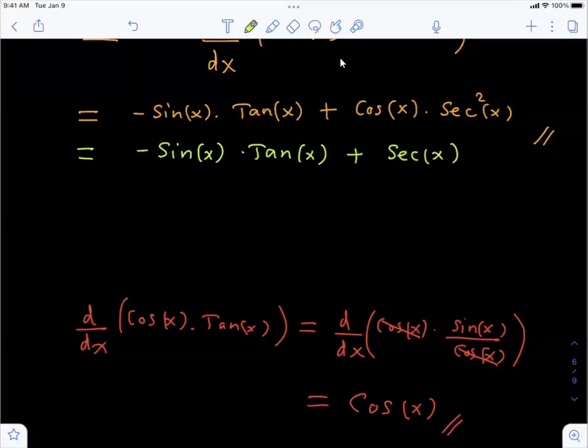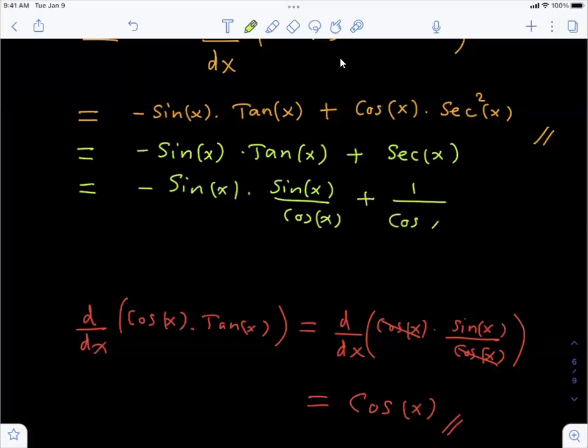And once you have secant here, if you write everything in terms of sine and cosine, possibly you can see some simplification. Sine x over cosine x plus 1 over cosine x in the position of secant x. Now, what is secant x? If you recall the very basic definition of secant in trigonometry, that is none other than 1 over cosine x.